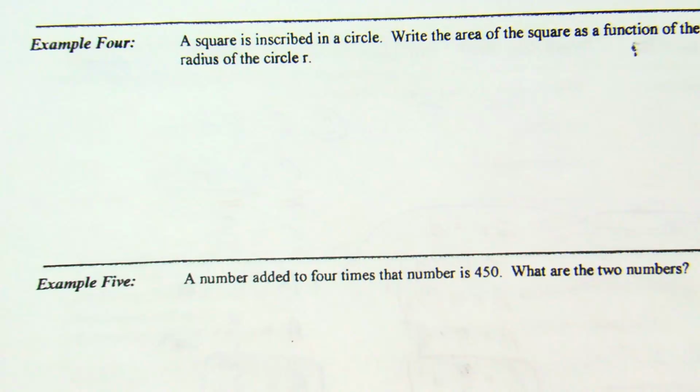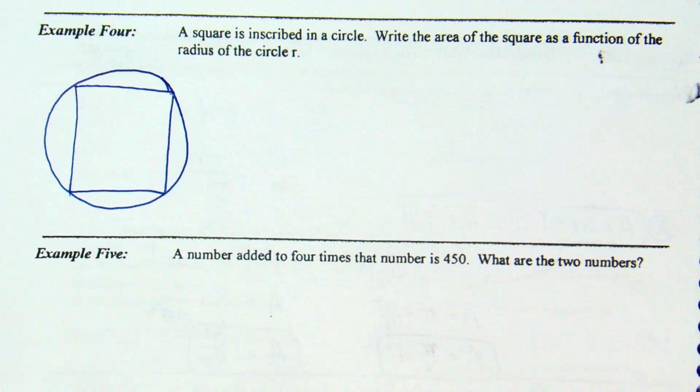We need it expressed in terms of radius. What's radius? Half of the diameter, the distance from the center of the circle to the edge. Now, where is it most beneficial to draw this radius? Notice I'm going to draw to the corner of the square.